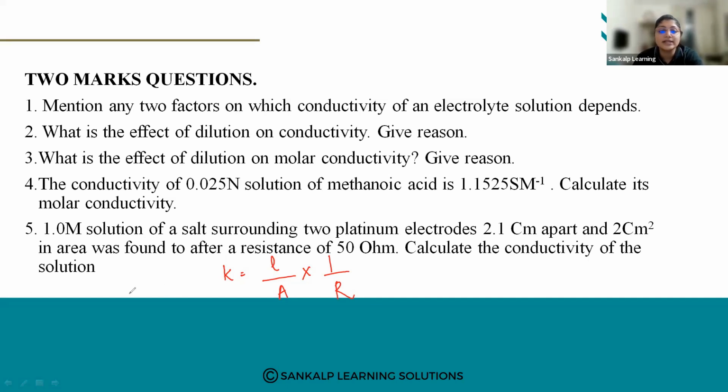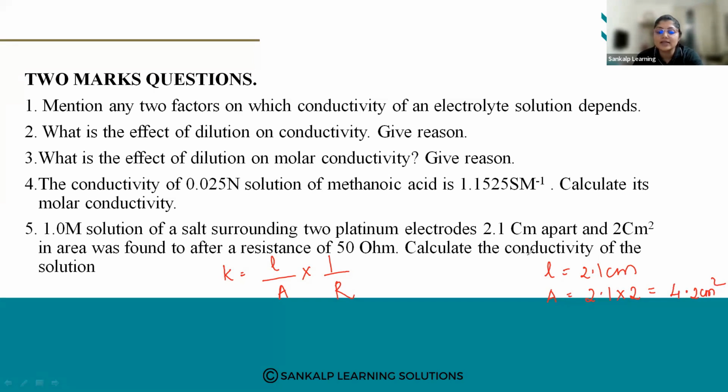So what is the length? It is given as 2.1 centimeter. And what is the area? The area is 2.1 into 2, so this will be 4.2 centimeter square. We have to calculate the area.